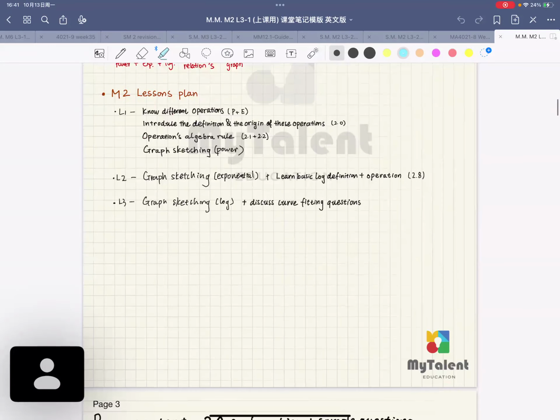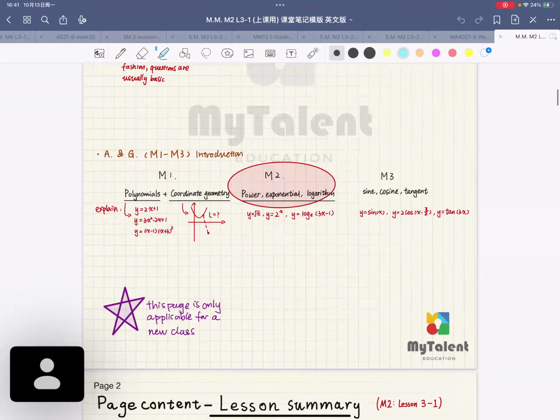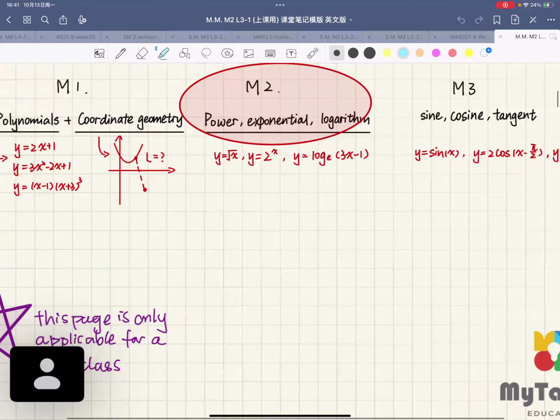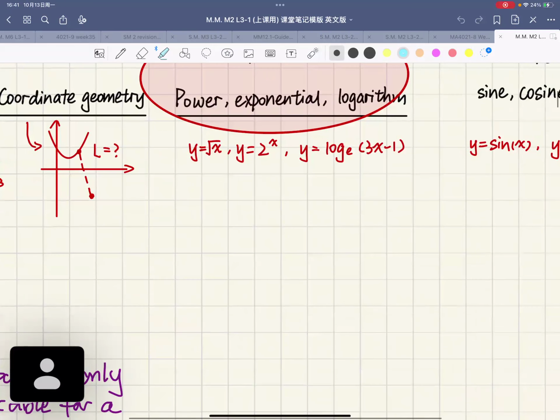Let's go back to here. When you learn functions, you need to learn from two perspectives.